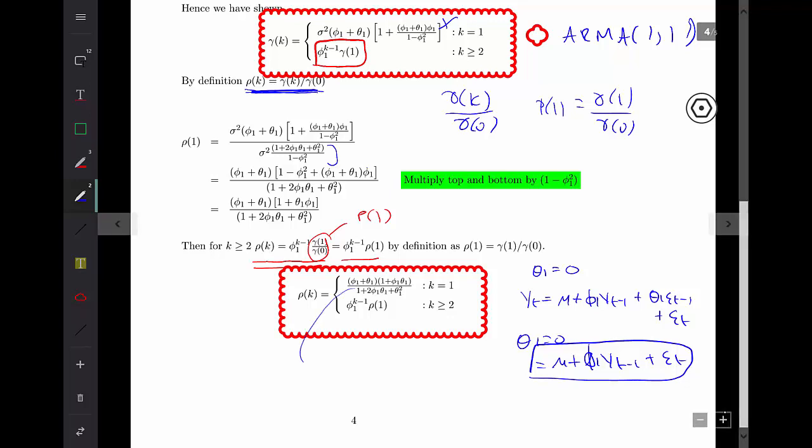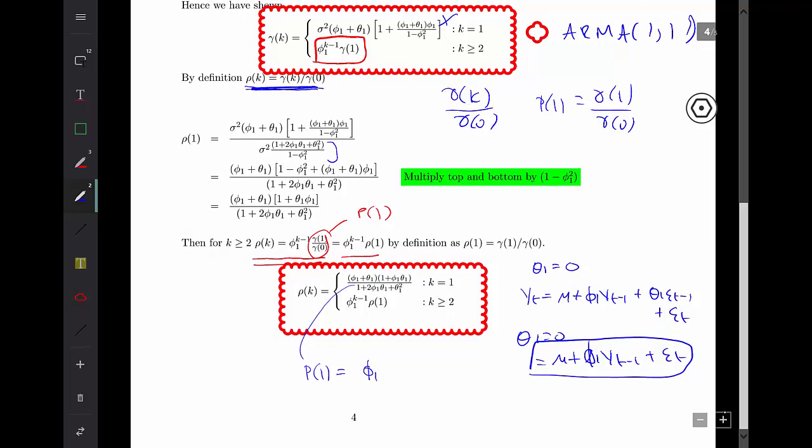We can see that in this case rho 1 equals, well, if phi 1 equals 0, we're just going to get theta 1. Okay?